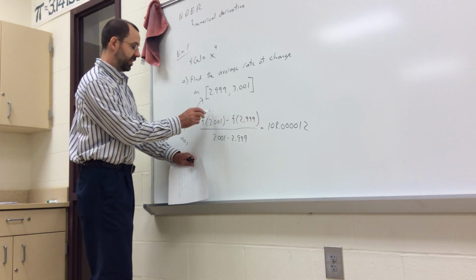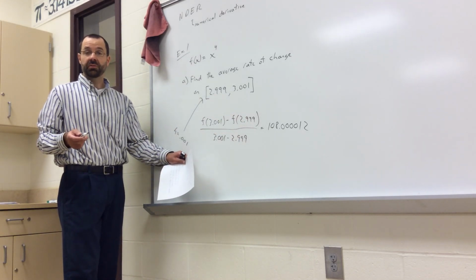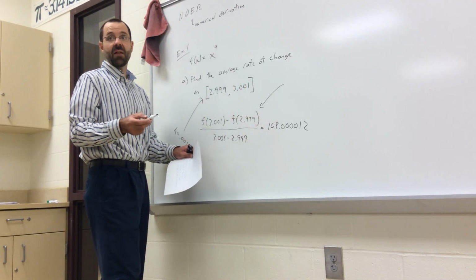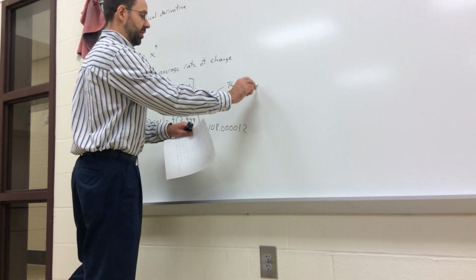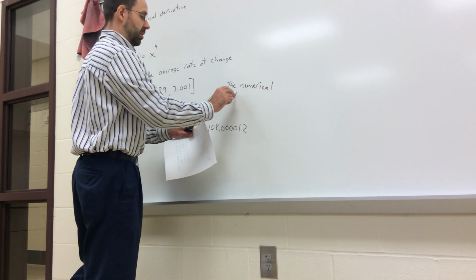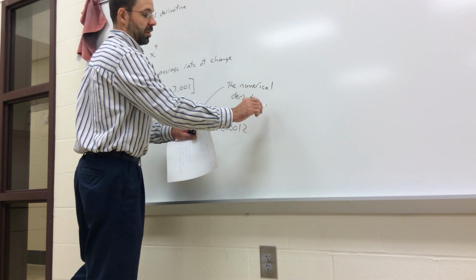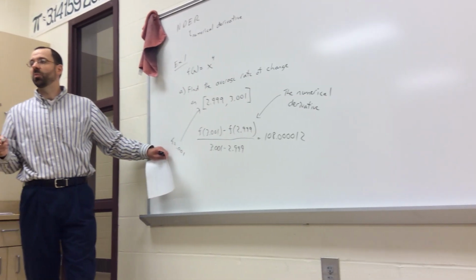And this average rate of change right here is called the numerical derivative. So it's just another name for the average rate of change. And there are different numerical derivatives.